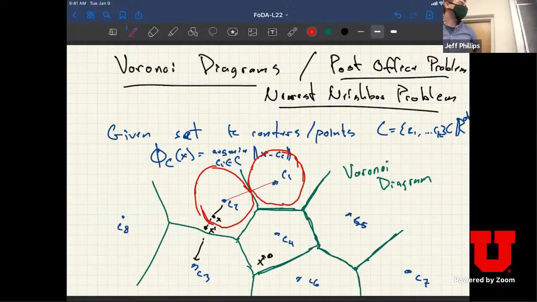But that's a different circle with a different radius than going to C4. So I can't just draw these circles and then know where it falls in. And there are some points near the corner here that have been left out as well. So just drawing the circles is not totally answering this question.